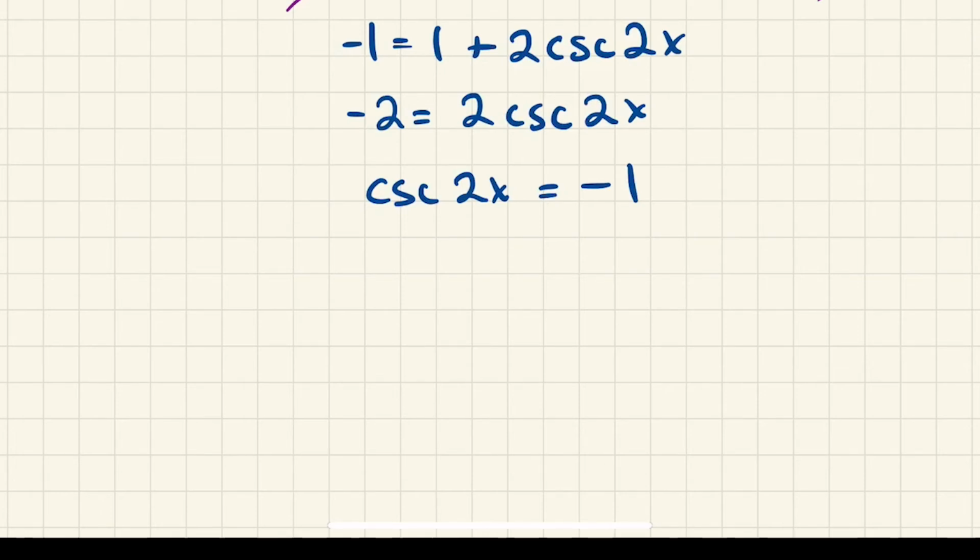So let's draw quadrants here and place the solution on there. Now, where does this happen? Well, again, we're ignoring the fact that this is a double angle for now. I'm just asking the question, cosecant of what angle is equal to negative 1? Well, that would be 3 pi over 2. That's the only one.